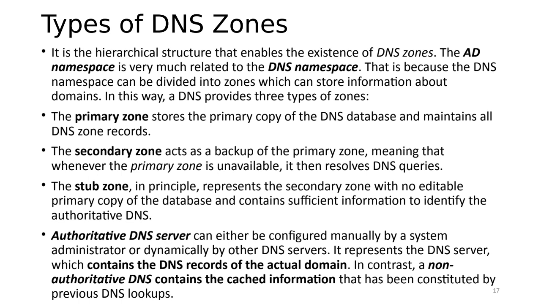So if the primary zone is unavailable, the secondary zone will resolve. The stub zone represents the secondary zone with no editable primary copy of the database and contains sufficient information to identify the authoritative DNS. Yani, the stub zone is a unique case of the secondary zone.